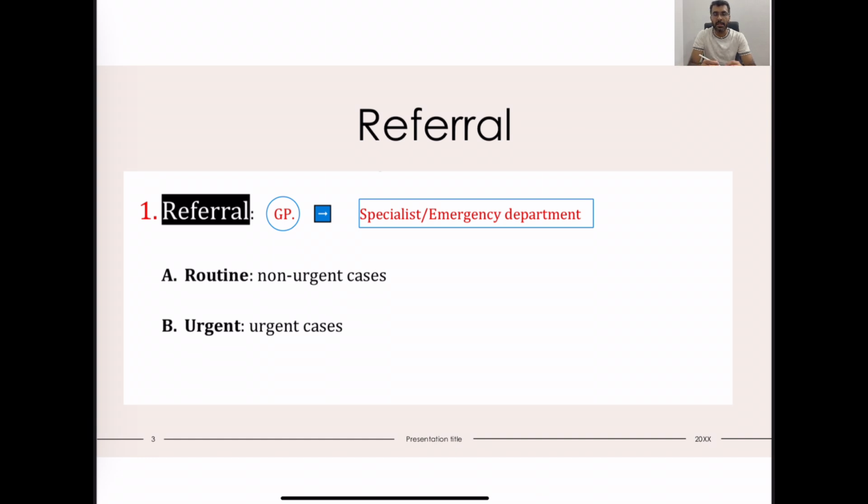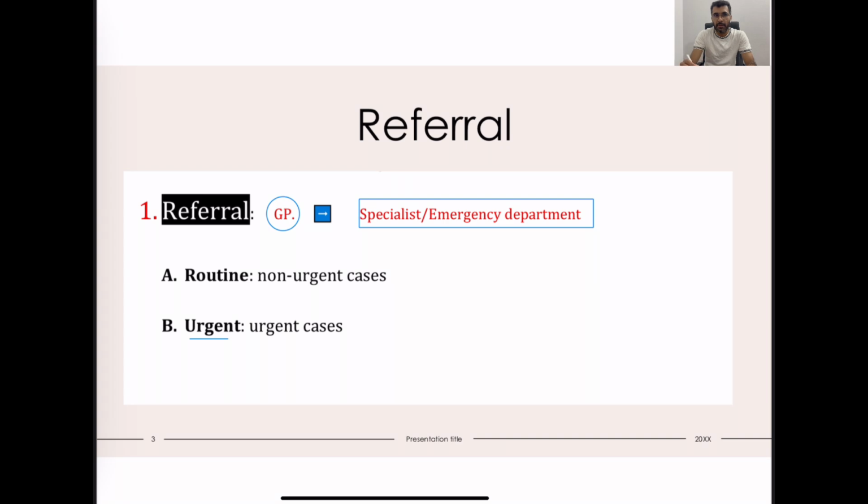For example, the patient has had diabetes for the last 10 years, and for the last couple of days, maybe weeks, the patient's blood sugar is no longer controlled. Therefore, you are referring the patient to an endocrinologist for further management. So that is a routine referral. The other type is urgent referral.